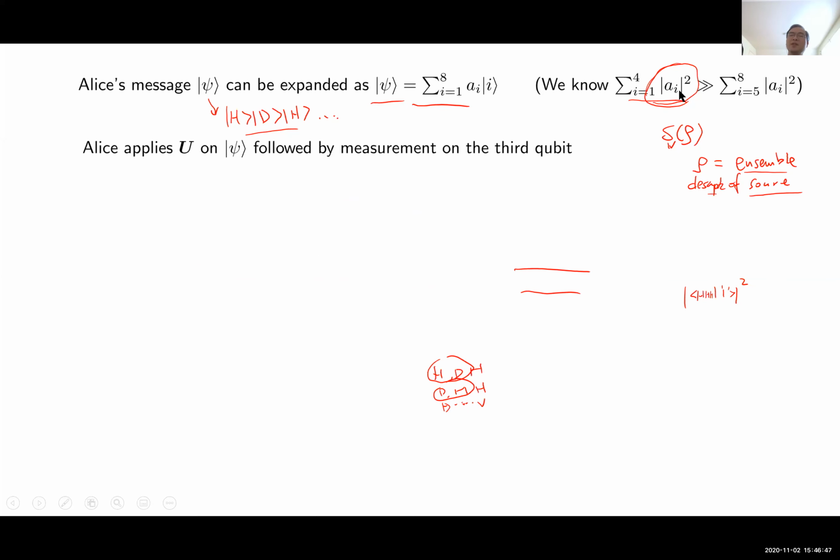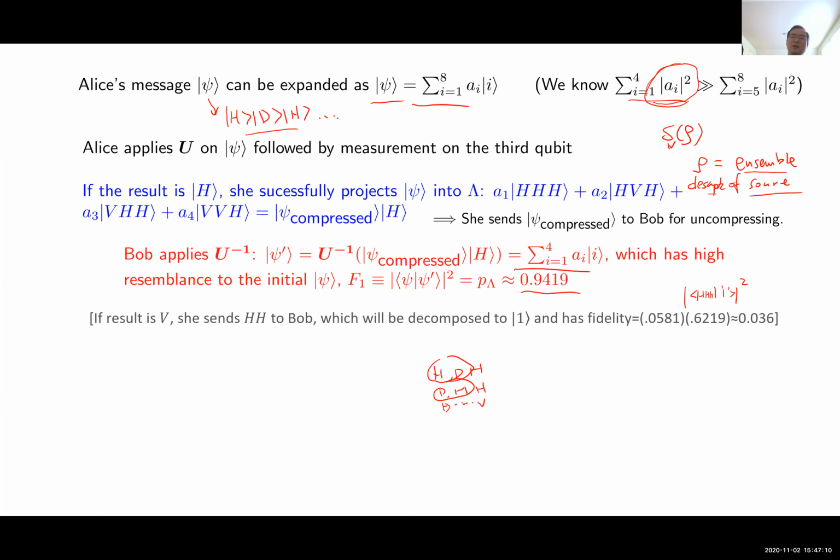The point is typically the weight in the first 4 is larger than the last 4. So on average, it's better to send a state that has as high a weight as possible. Of course, for a particular example, you may fail, but on average, you will gain a little bit of fidelity.